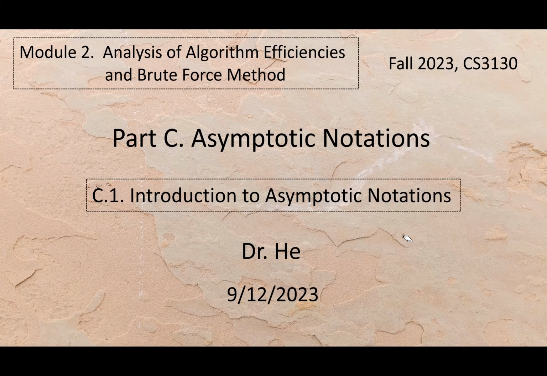All right. Part C, asymptotic notations. This topic is very abstract. This part is the most abstract part in this class.